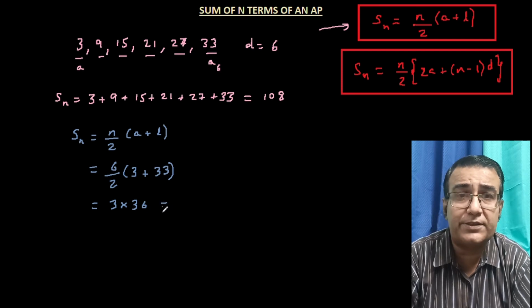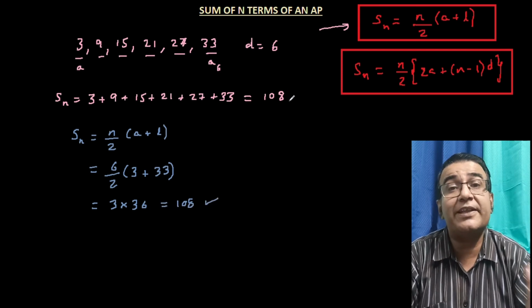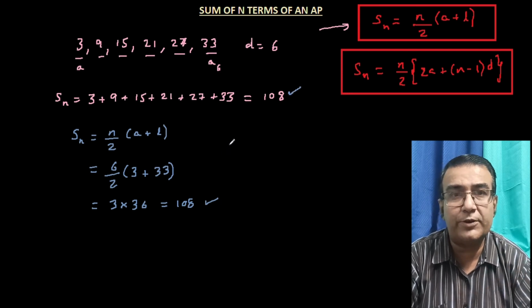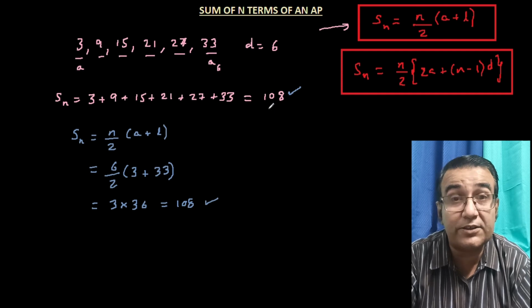So 3 times 36 is 108. We get the same result as before, so the first formula does work.